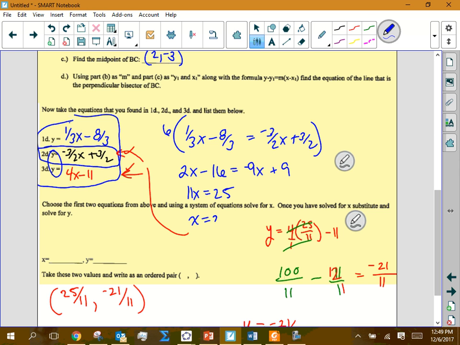Does x still end up being 25 over 11? Same thing we found using different equations, right? Now, I'm not going to do this, but I'm pretty confident that if I plug that x back in to find y, I'm going to get negative 21 over 11, right? Okay. Again, having the picture is useful as well, because 25 over 11, pretty close to 2.5, right?